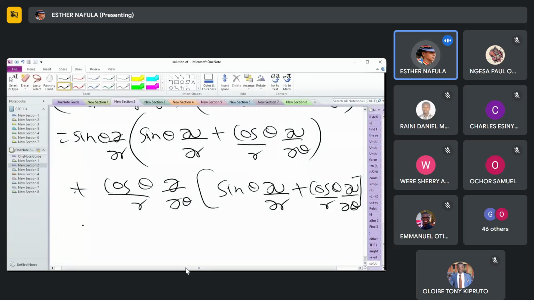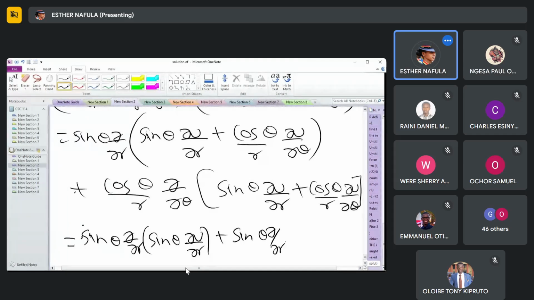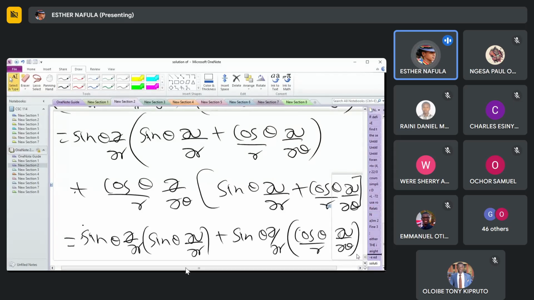Which is equal to sin theta partial r into sin theta partial u partial r, plus we are distributing sin theta partial r into cos theta over r partial u partial theta. Next, we distribute cos theta over r partial theta in the second bracket.